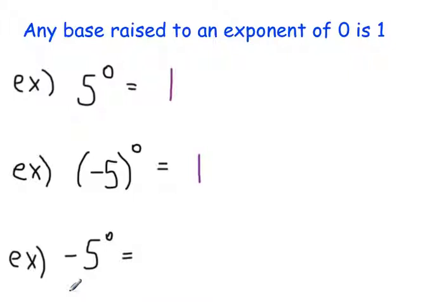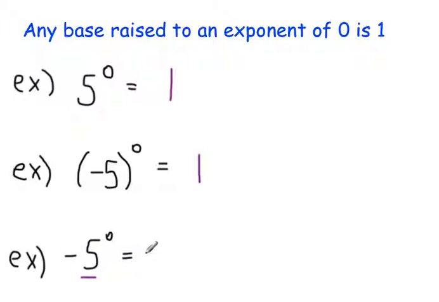Whenever a number is being raised to the 0 power, or any exponent, the number that is closest to 0, or that exponent, is the base. Therefore, negative 5 is not raised to the 0 power. Negative 5 can be seen in two parts. 5 is being raised to the 0 power, and negative 1 is being multiplied by that result.